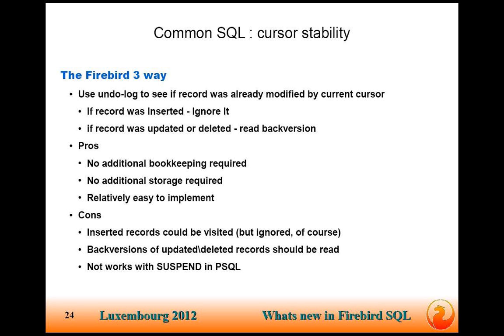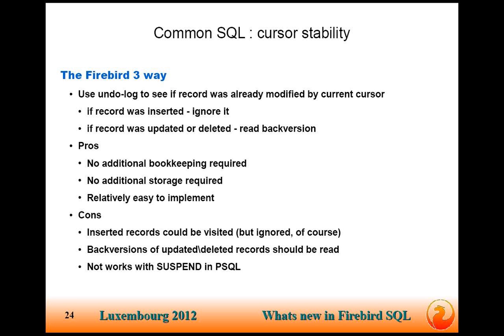Sometimes back versions should be read, if we have a big result set which was updated, or many records were updated. It could overflow the page cache and records will be stored on disk. For example, if we insert again a few thousand records, it's obvious that some of them will be on disk at the time we visit them again.